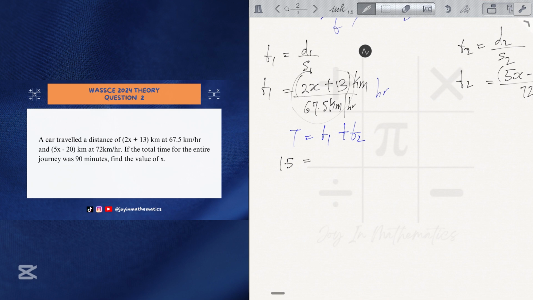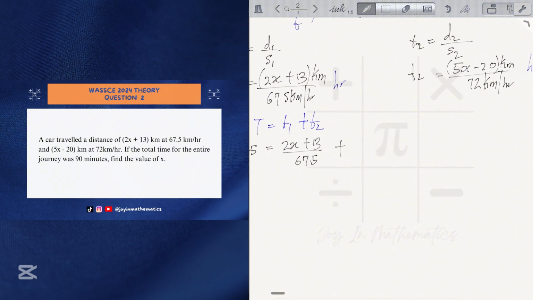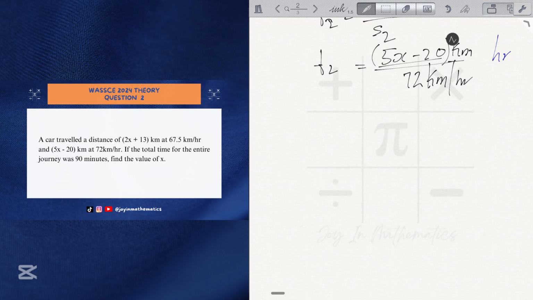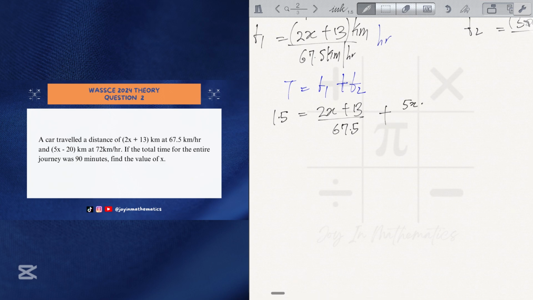T1 is equal to 2x plus 13 divided by 67.5, plus T2, which is 5x minus 20 divided by 72. All we have to do now is find the value of x from this expression.